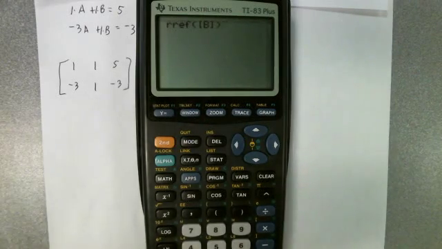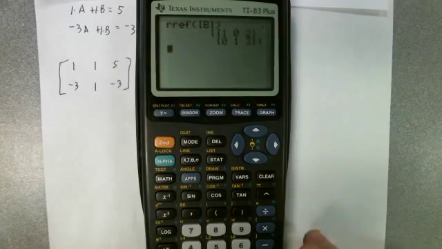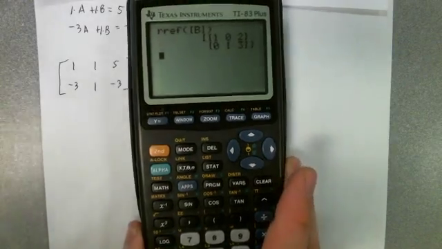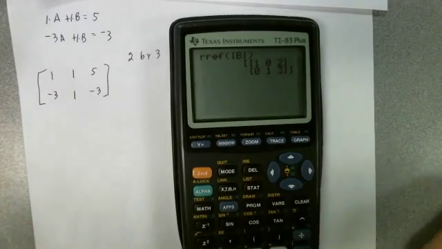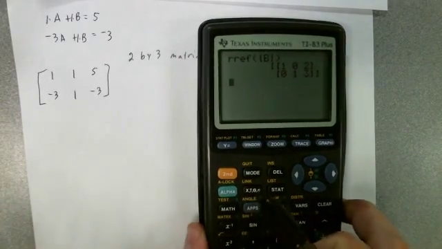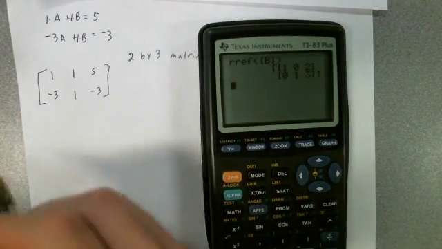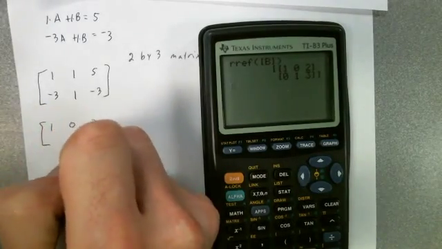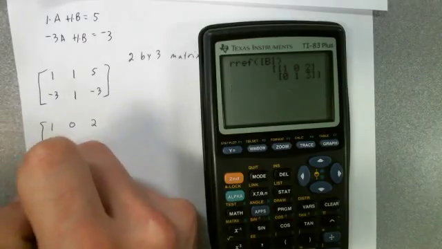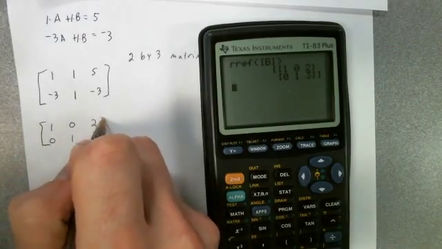I'll close parentheses and hit enter again. My calculator spit out 1, 0, 2, 0, 1, 3.